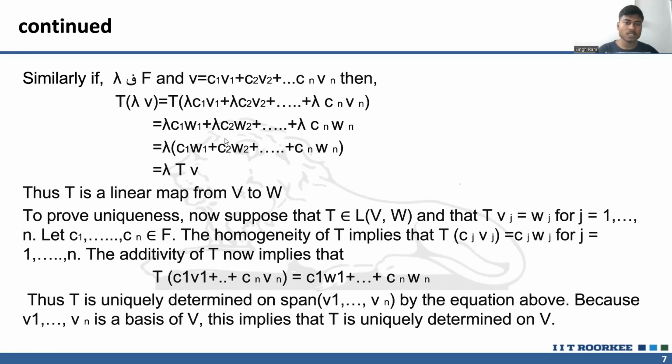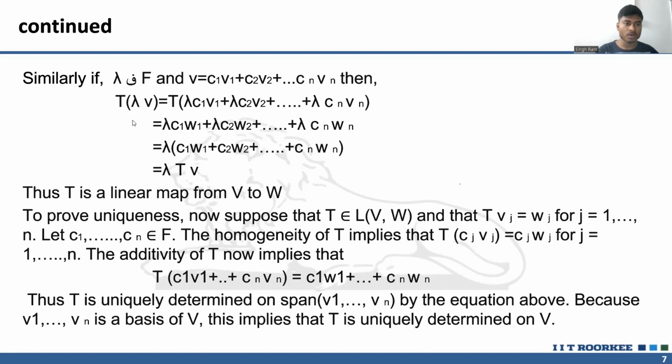From the transformation we already defined, we can write it like this: lambda C1 W1 plus lambda C2 W2 plus lambda Cn Wn. And this can be written again, taking lambda as common, as lambda times C1 W1 plus C2 W2 up to Cn Wn. And this is nothing but lambda times T of V. That implies this also follows scalar multiplication preservation.